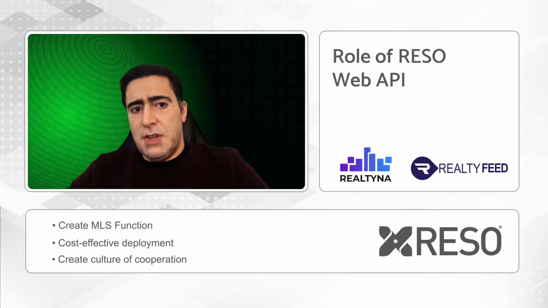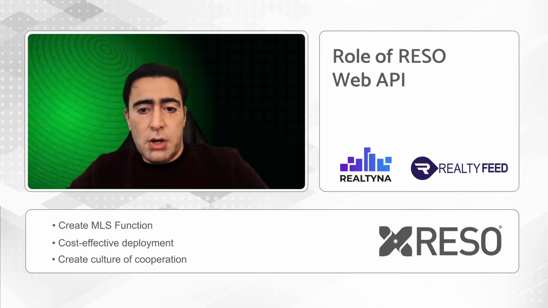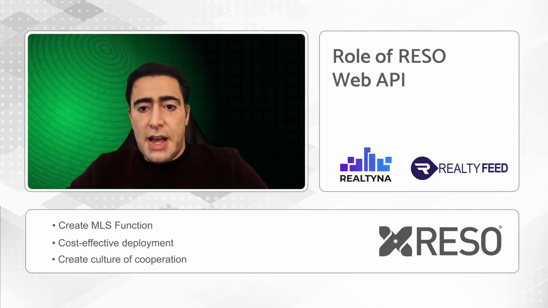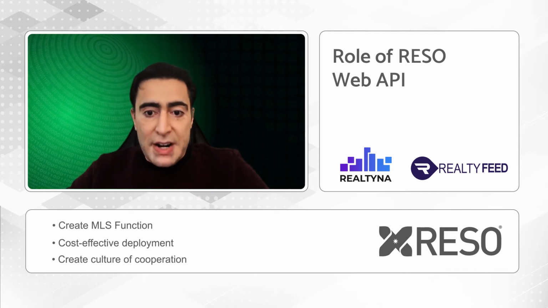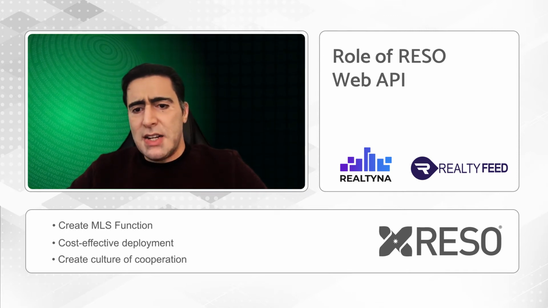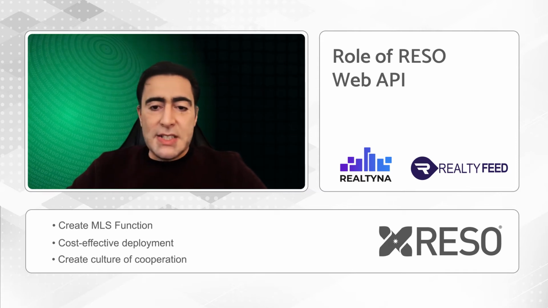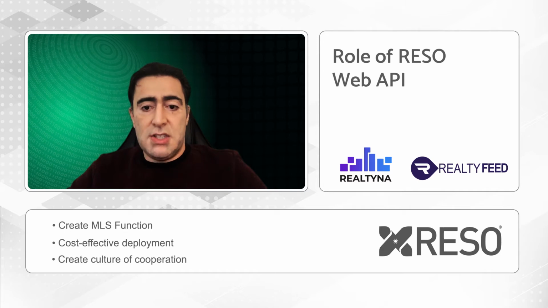All of this will play a very important role in international markets to consider this standard as the way to go for establishing their first MLS. So rather than migrating from RETS to RESO API, the first experience can start with RESO Web API.